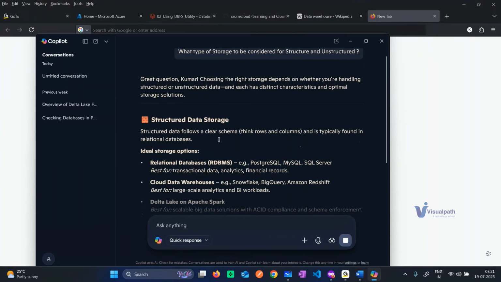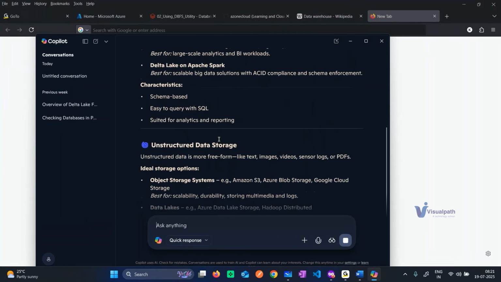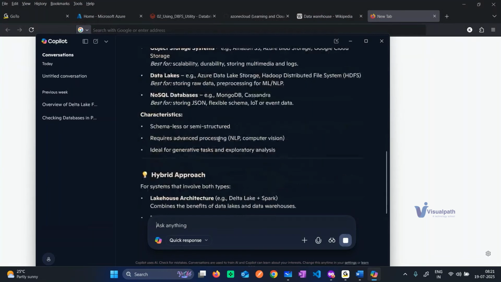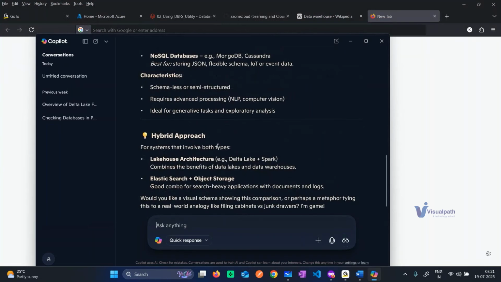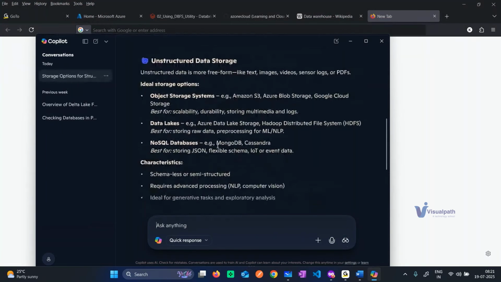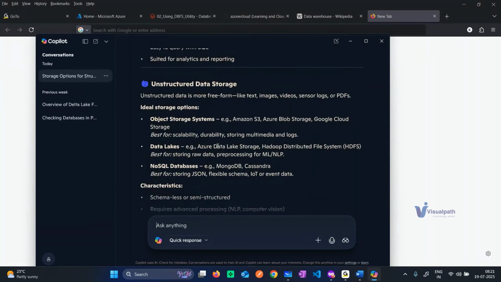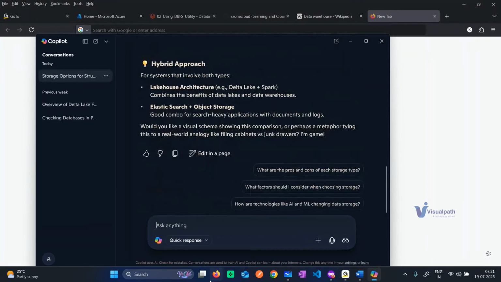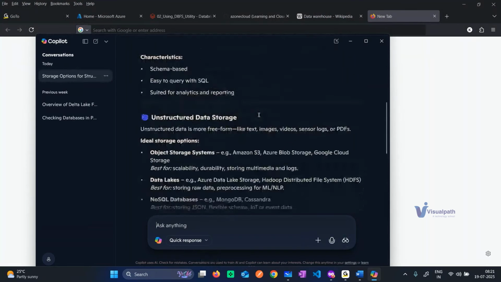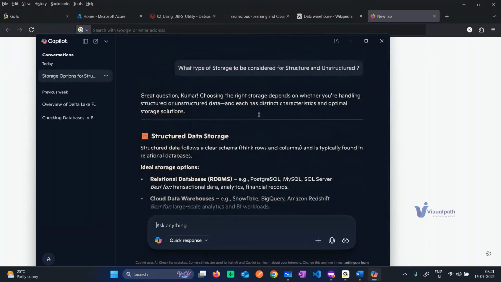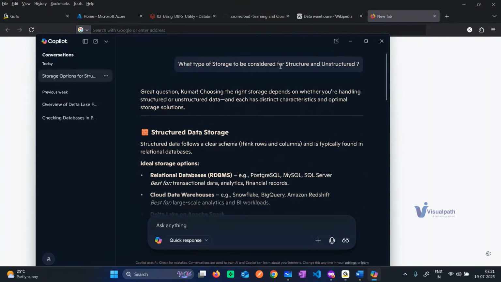So it says that you can use it for unstructured data, and it is giving us an option to consider for both. I'll ask for both in one place.